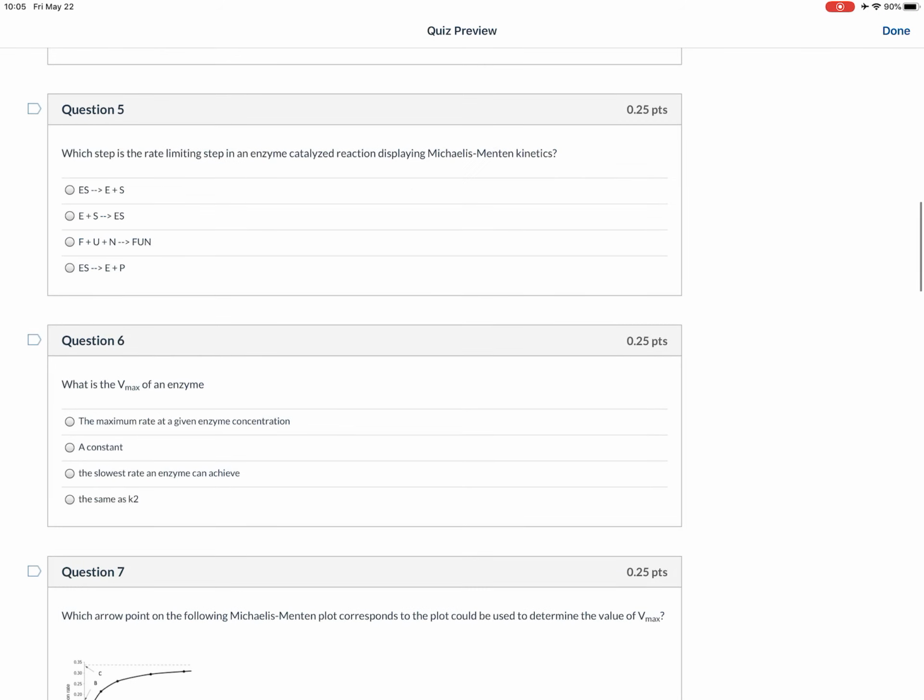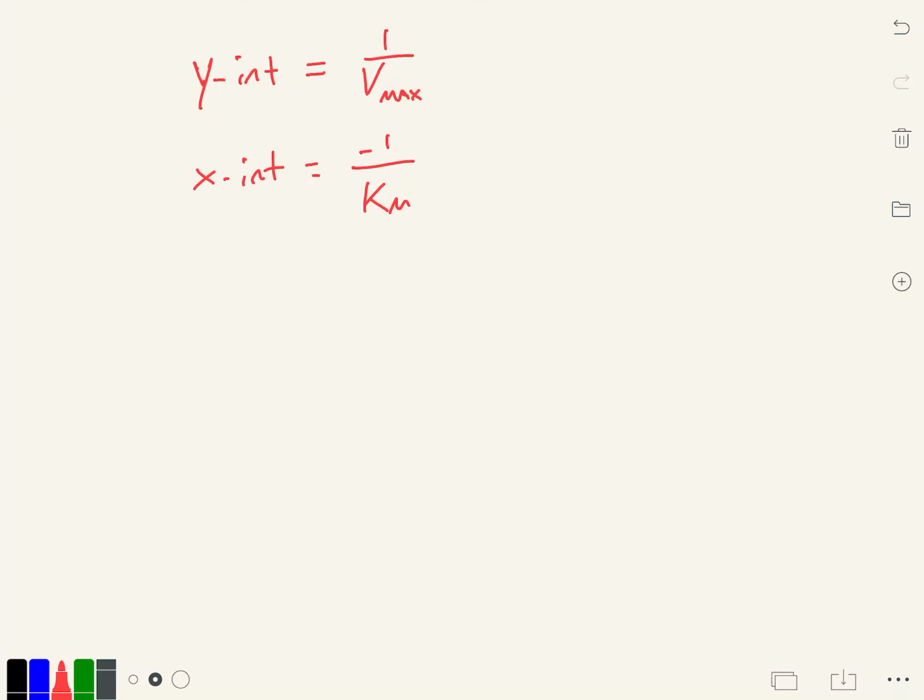Now, as I mentioned with the K1, the K-1, and the K2, these are the directions of enzyme catalyzed, well, this is what I'm trying to say, enzyme and substrate forming enzyme substrate complex. That can be defined with a K constant, an equilibrium expression.